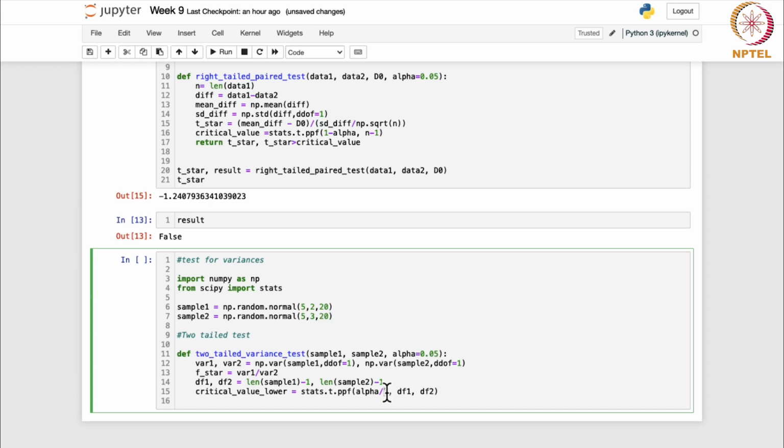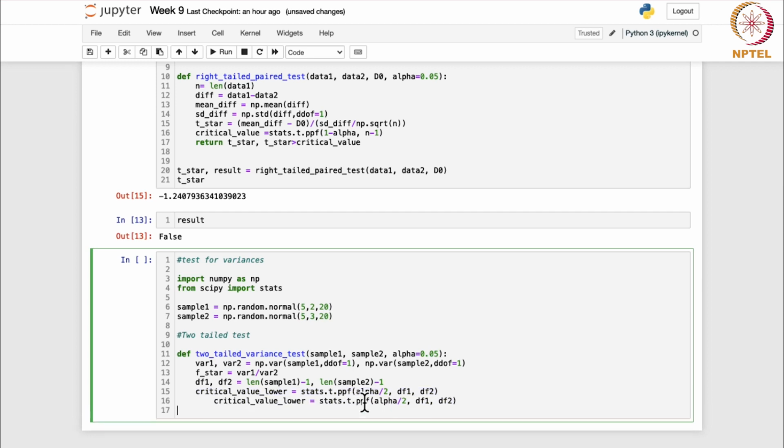Similarly, the critical value for the upper tail.